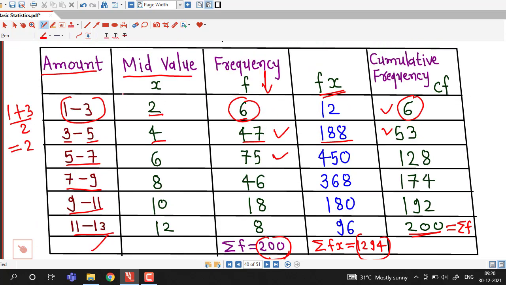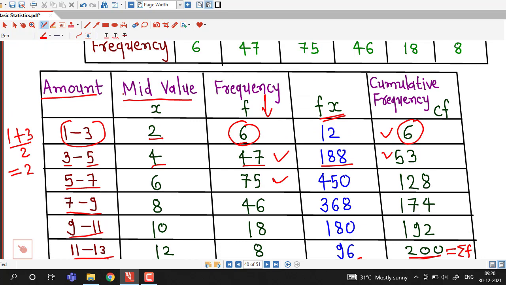Now for median, we have to find the class in which n by 2 belongs. Here n means the sum of all the observations, which is 200, divided by 2, so that is 100. So we have to decide the observation at the 100th position, and that we can decide from cumulative frequency. The first cumulative frequency says that there are 6 observations between 1 and 3.